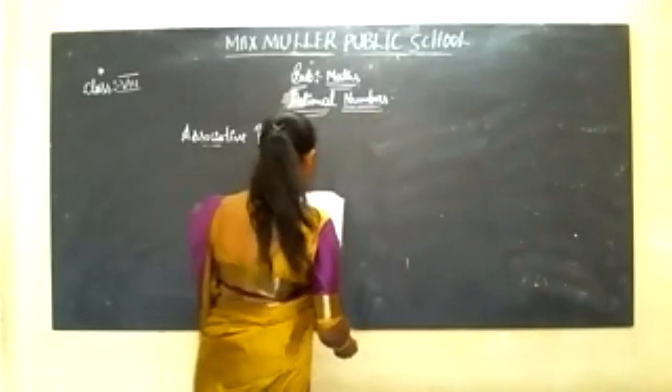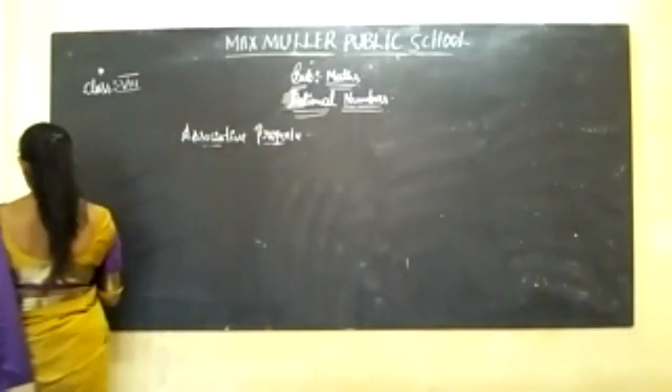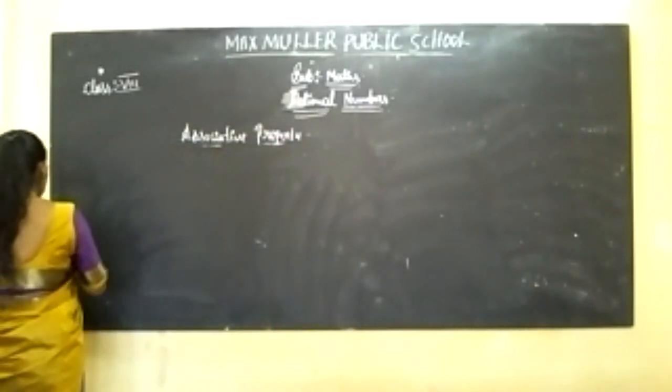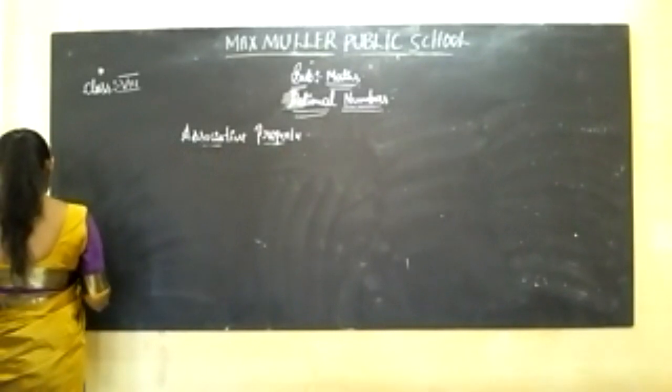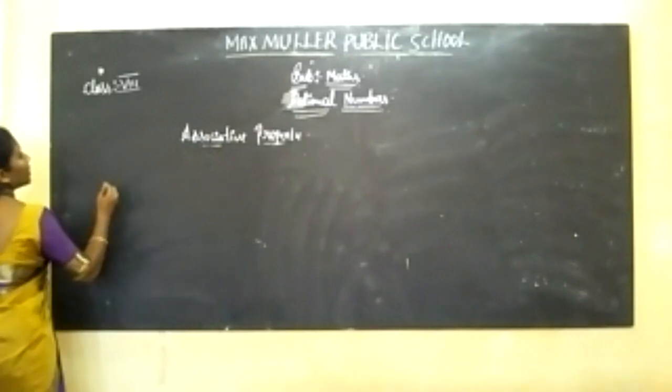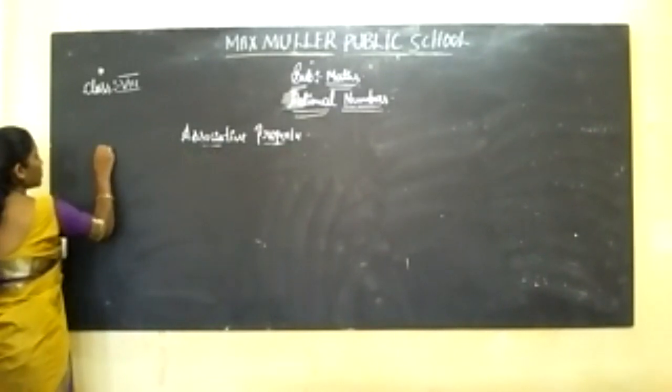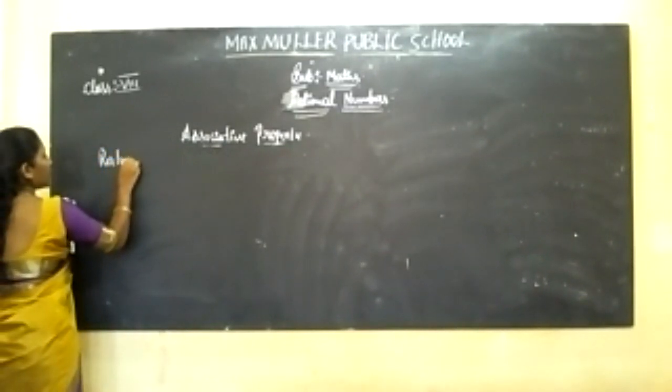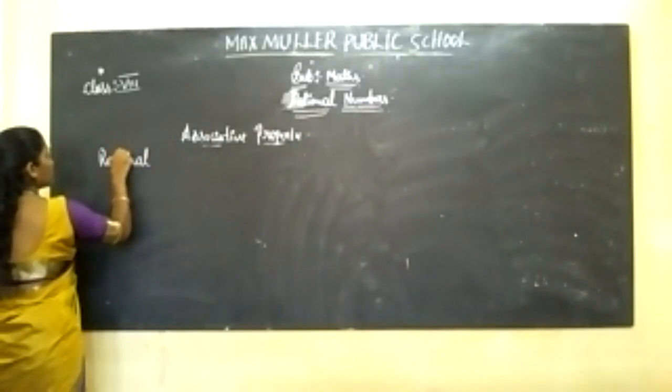Okay. Now coming to whole numbers, you have studied, and you have studied for integers also. Next for rational numbers.